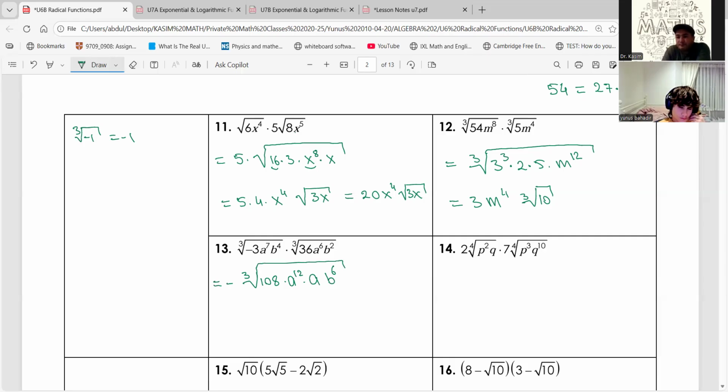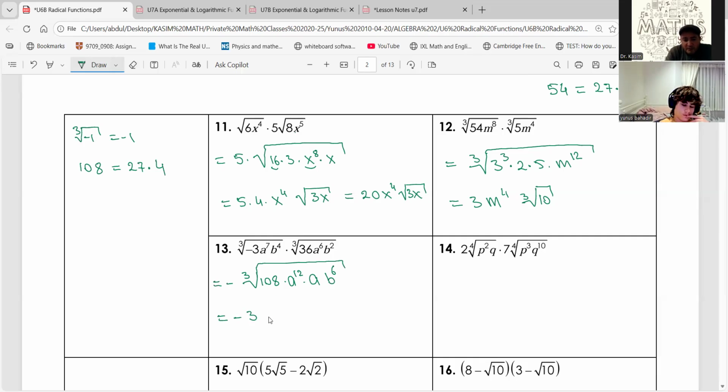Now if you remember, we have just used this number, 108. I can write it as 27 times 4. And 27 is a perfect cube, right? So now I'm writing here minus cube root of 27, it is 3.